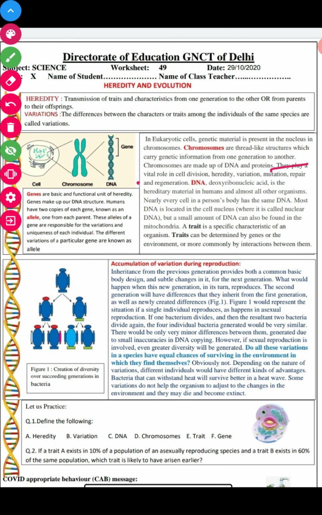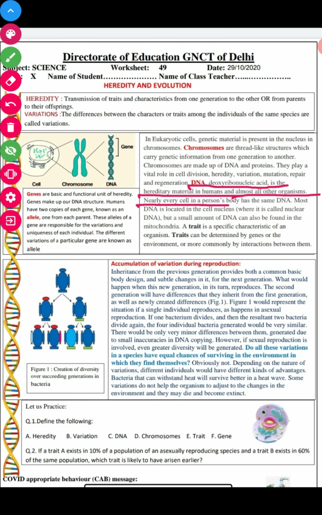They play a vital role in cell division. As you know, an organism forms with the help of cell division, so they play a very important role in this process. DNA is deoxyribose nucleic acid. It is the hereditary material in humans as well as most other organisms.